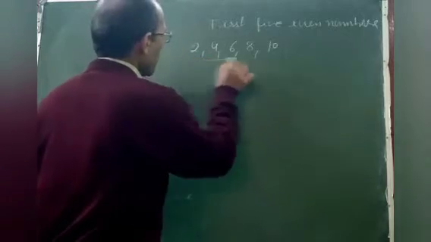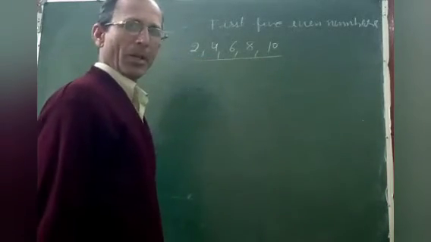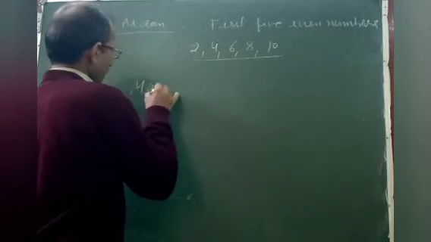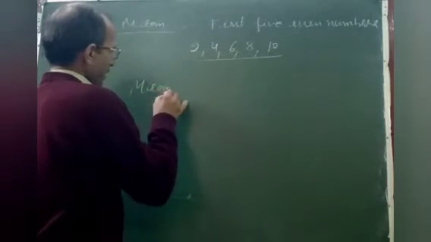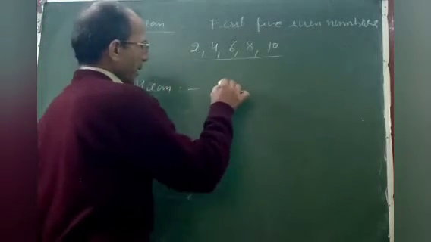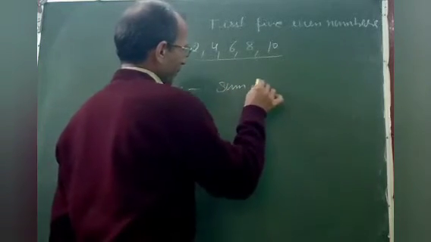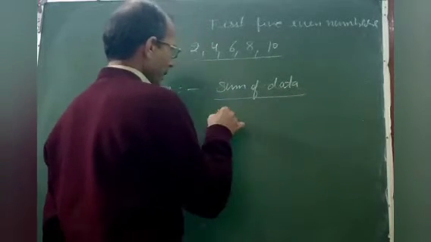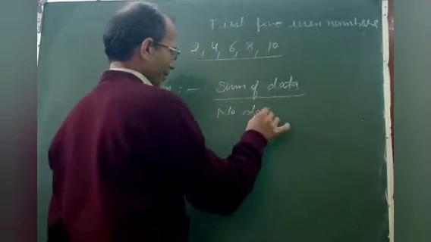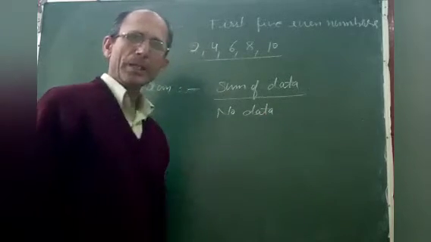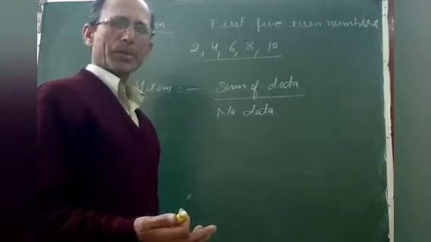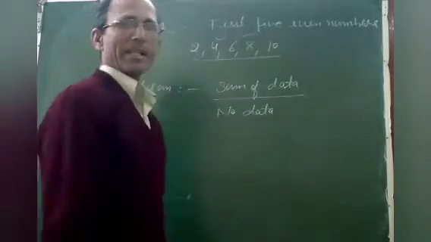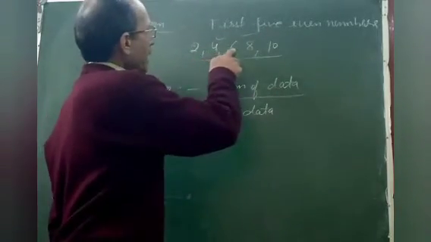What is the formula for finding the mean of ungrouped data? Mean means average. Mean is equal to sum of data divided by number of data, or you can say sum of observations divided by number of observations. How many observations are there? 1, 2, 3, 4, 5.